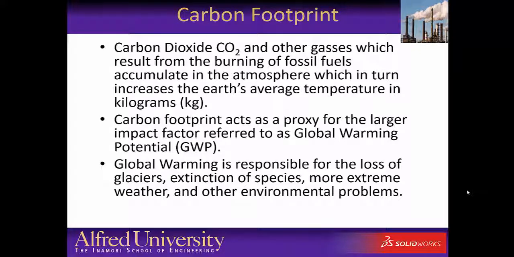Global warming is thought to be responsible for the loss of glaciers, extinction of species, more extreme weather, and other environmental problems. By choosing those parameters, the material type, the method of manufacture and region of manufacture, and the region of use, you can estimate how many equivalent kilograms of carbon dioxide would be emitted into the atmosphere.